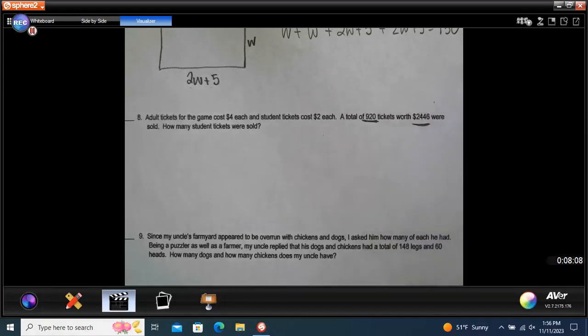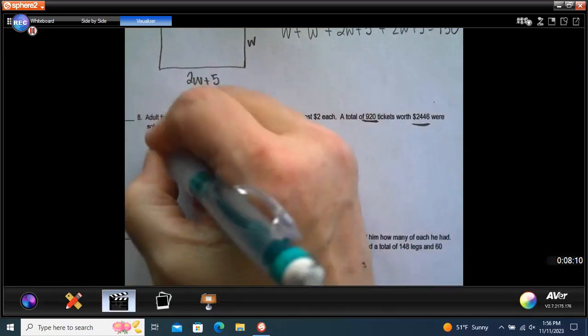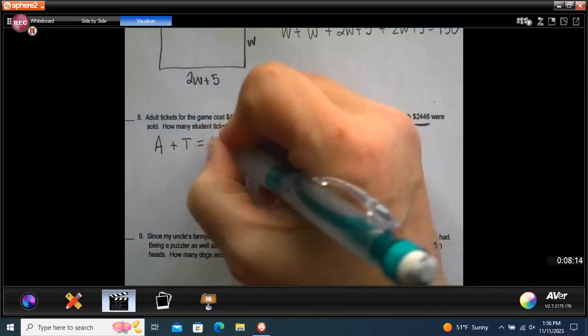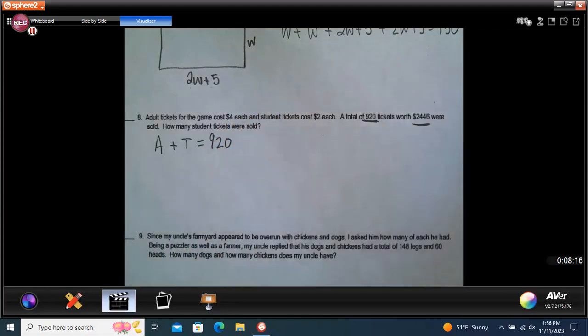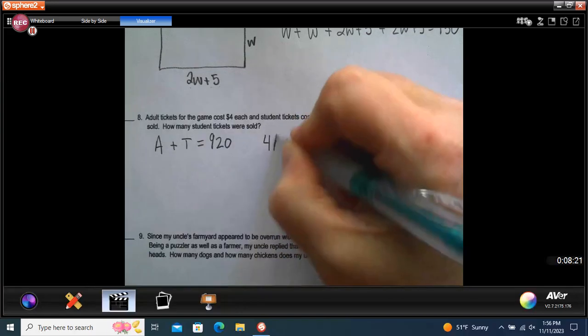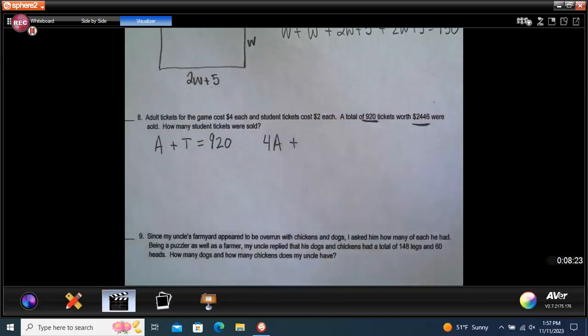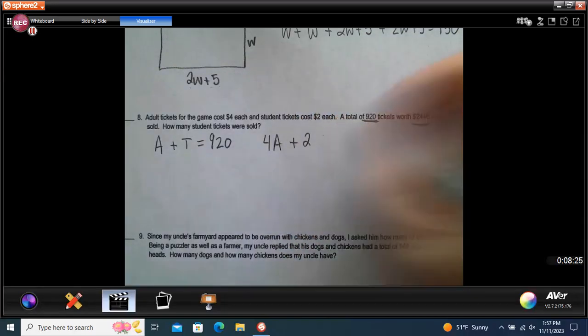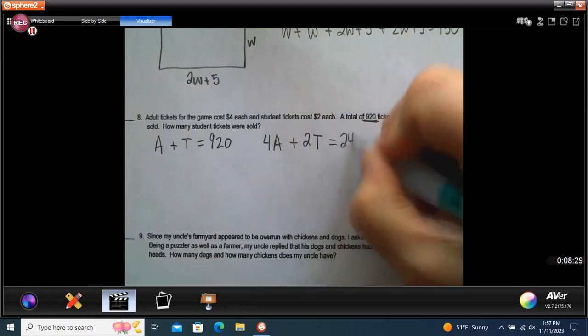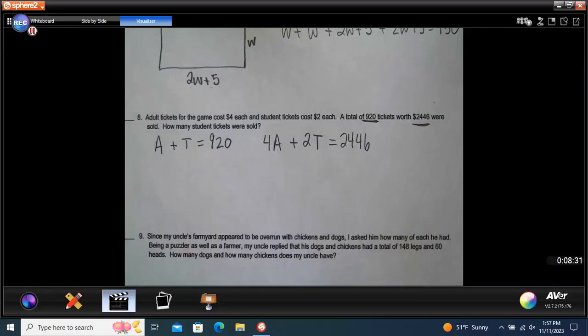Okay, so my number equation, adult tickets plus student tickets, is 920. And then an adult ticket is worth $4. So 4A plus a student ticket is worth $2. So 2T equals 2,446. And there you go, your 2 equations.